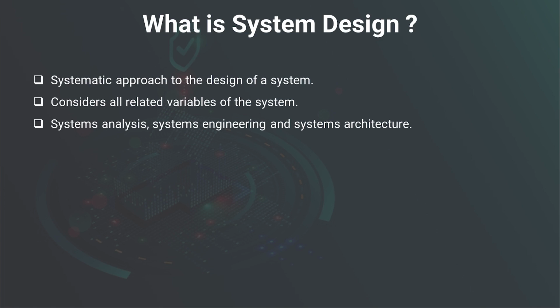Systems design then overlaps with system analysis, systems engineering, and systems architecture. Thus, system design is a phase that bridges the gap between the problem domain and the existing system in a manageable way. This phase focuses on the solution domain, that is, how to implement.